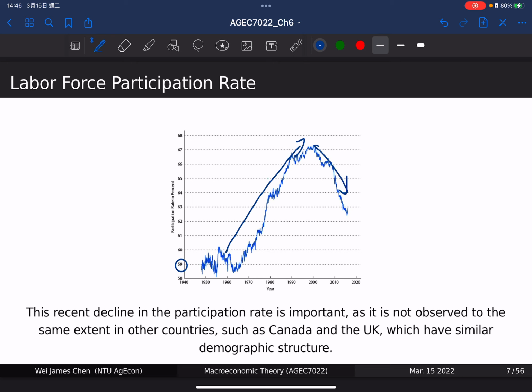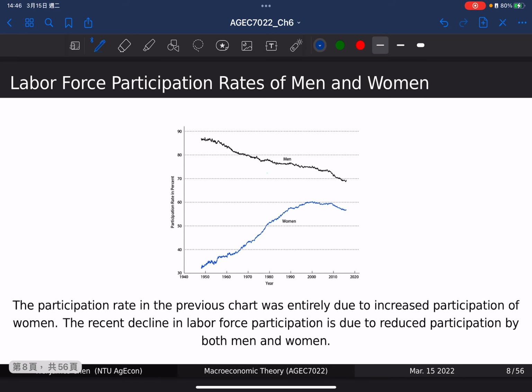But right now it's still higher than 70 years ago. So what happened? If you separate the men and the women, you can see that the men's labor force participation rate is actually always decreasing.